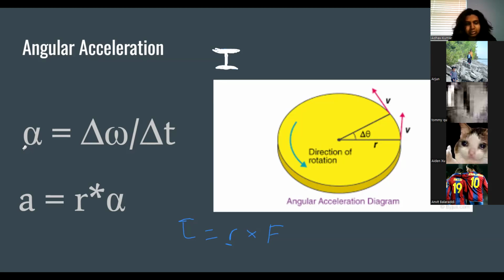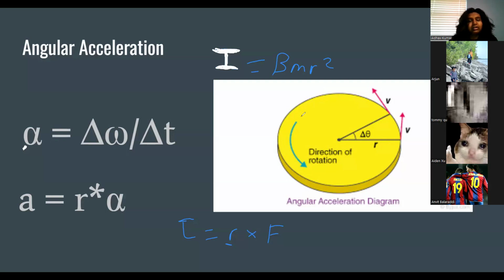Now, moment of inertia, the math is a little more complicated because it depends on the shape. Different shapes will have different moments of inertia. I don't know if you need to really memorize the different constants. Just know the moment of inertia will usually take the form of beta times mass times radius squared.